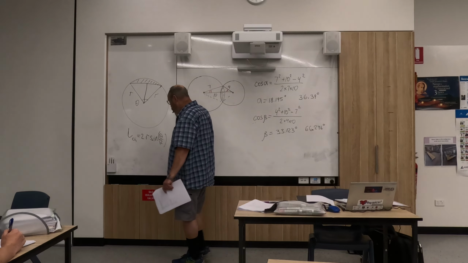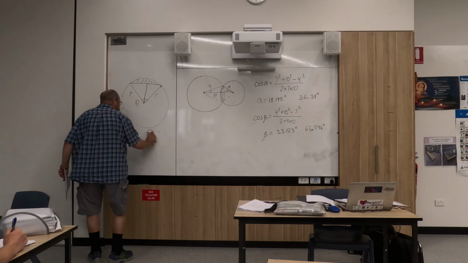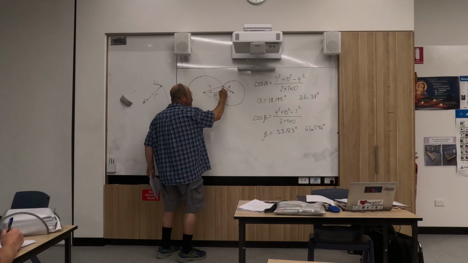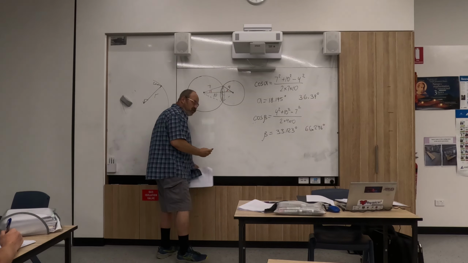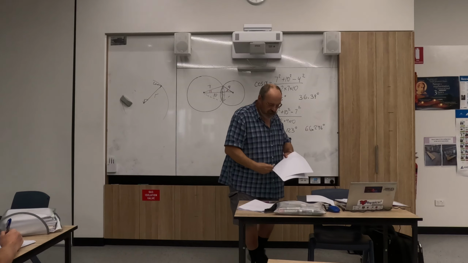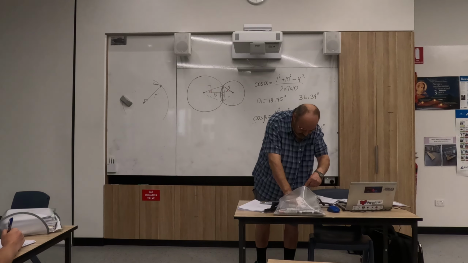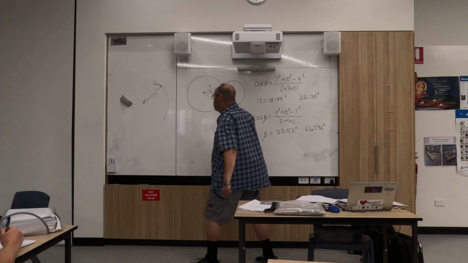We found the angle. Now we can apply the area formula because this is effectively 2 segments. I will color them in different colors so it will be more evident.